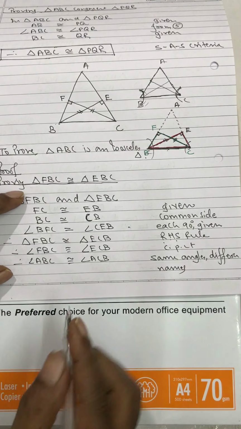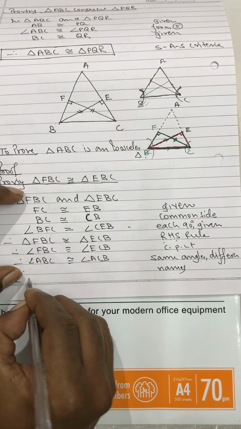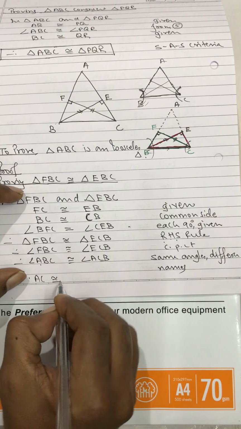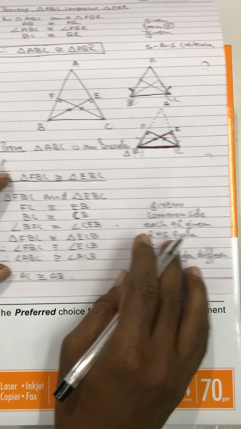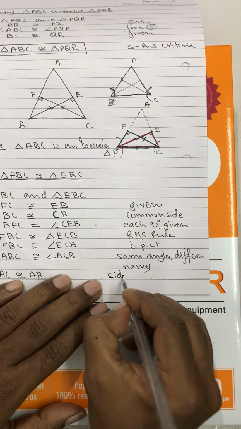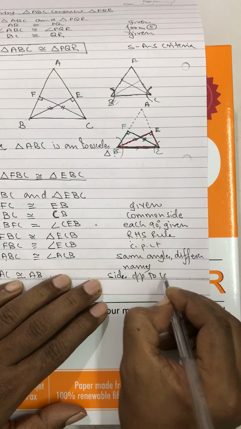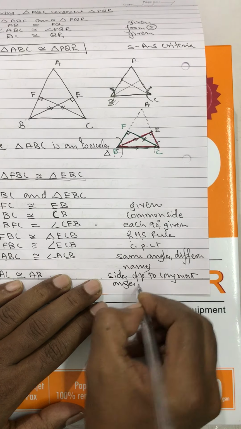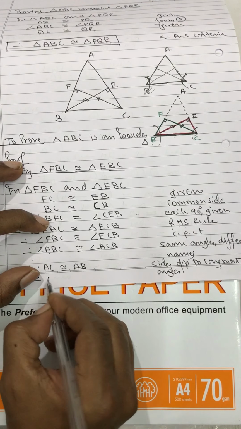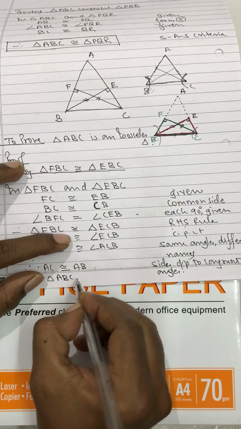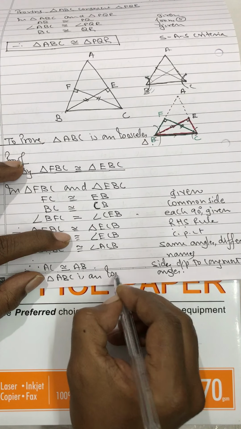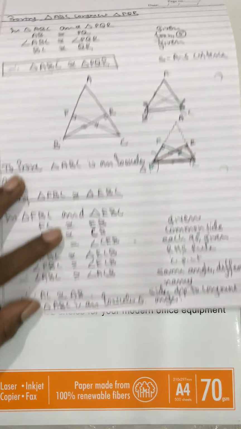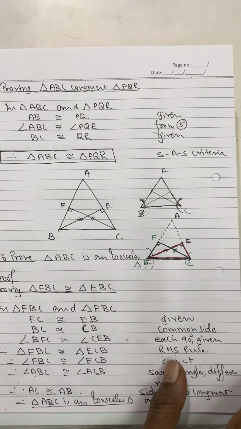Okay. So now therefore, the side opposite to angle ABC is AC. AC is congruent to AB. Reason? Sides opposite to congruent angles. Therefore, triangle ABC is an isosceles triangle. Fine. This is done.